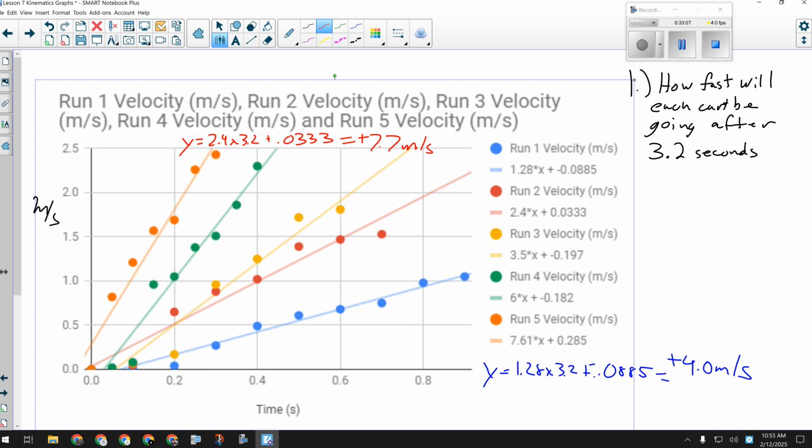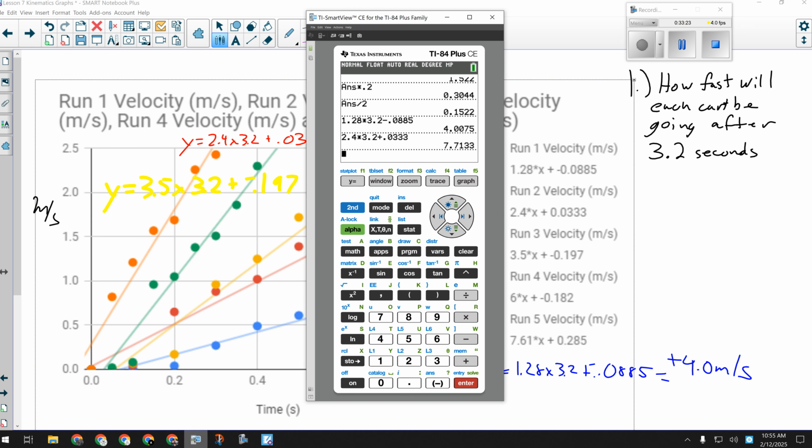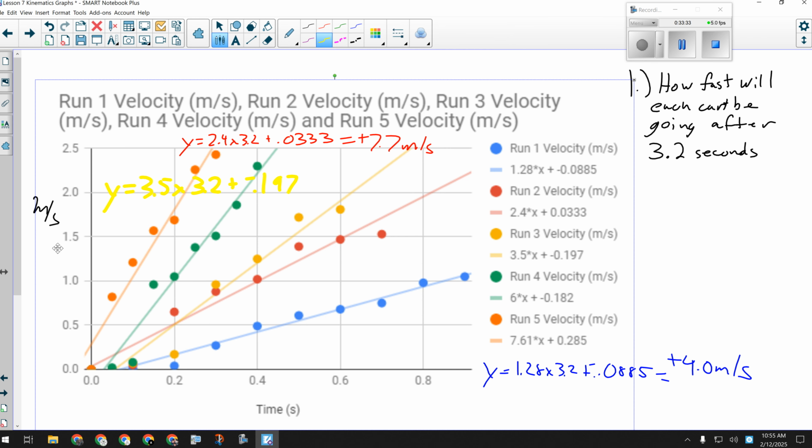For our yellow one, same calculation but with its numbers: 3.5 times 3.2 plus negative 0.197. So it'll be going 11 meters per second.